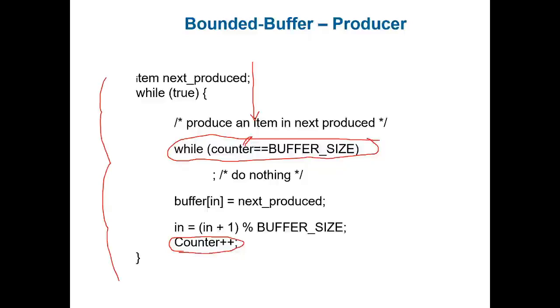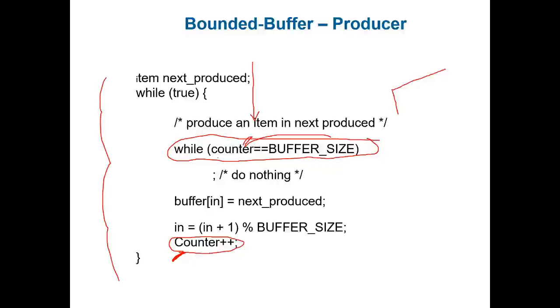When the producer produces an element, this counter variable is increased, and when the consumer consumes an element, this counter variable is decreased. So this counter variable will keep track of how many elements are added and how many elements are consumed. First the producer is going to check the counter value against the buffer size.